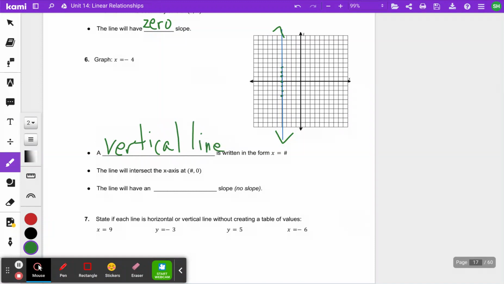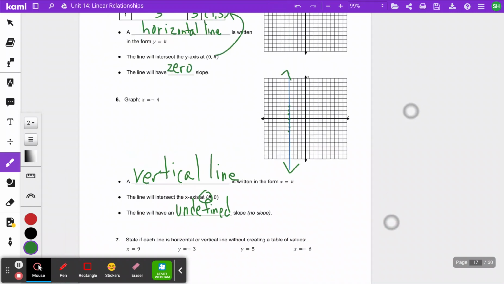A vertical line is written in the form x equals a number. That will always intersect the x-axis at whatever number that is. And the line will have an undefined slope. Because it's not a function, we can't define what the slope is. It doesn't go anywhere left to right. It's just stuck in one place.